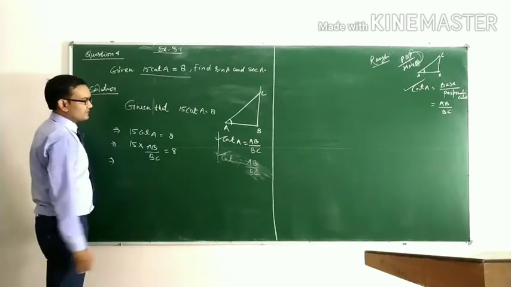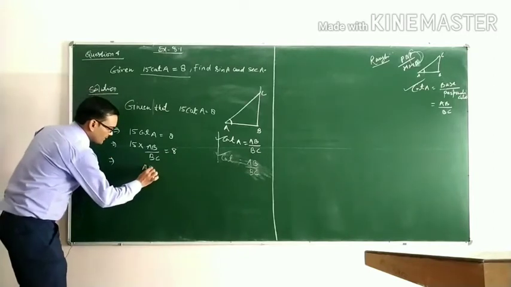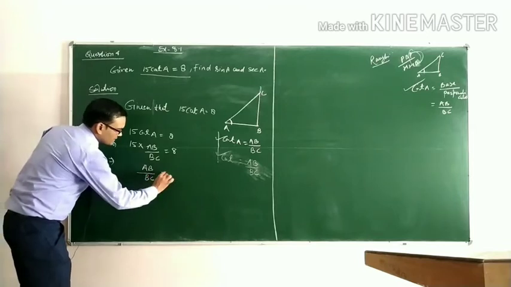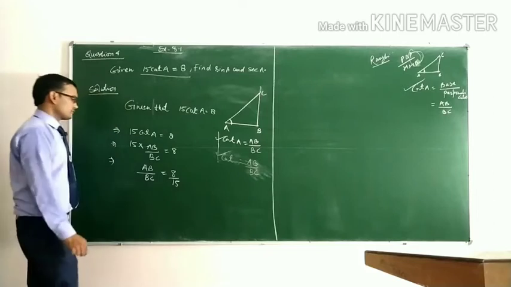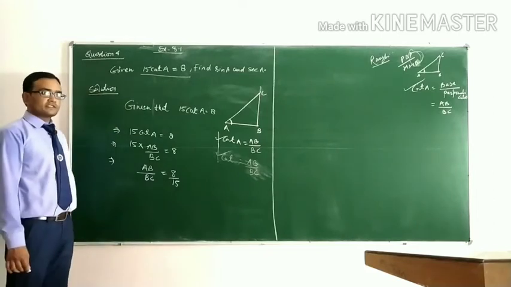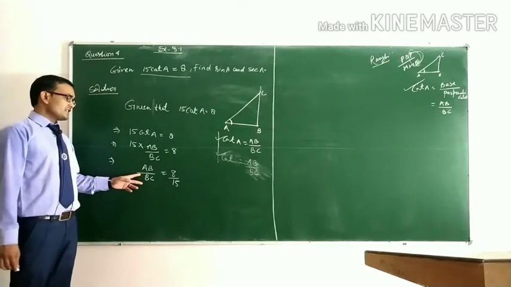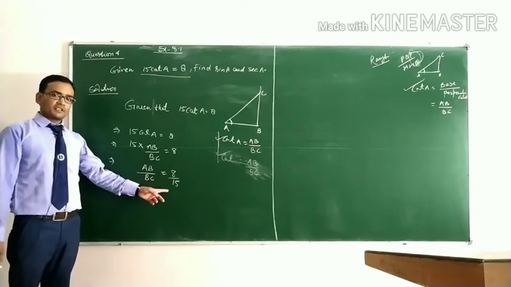This implies that AB upon BC equal to 8 by 15. Here the ratio of the sides AB and BC is 8:15.